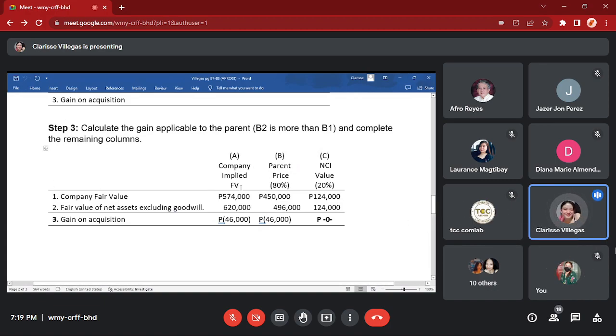A, company implied fair value of company fair value number 1 is 574,000. B, parent price 80%, 450,000. NCI value 20%, 124,000.